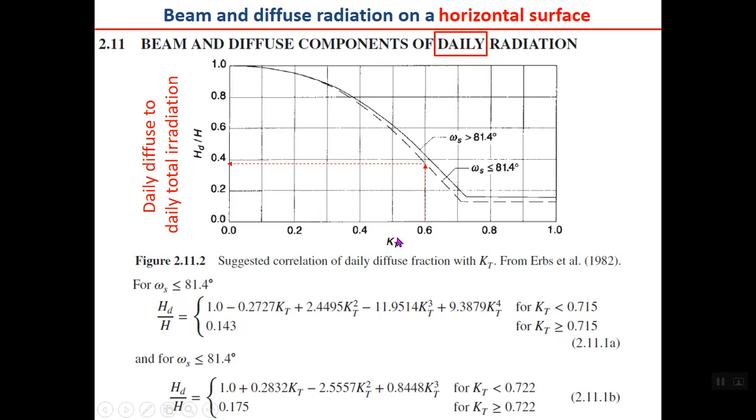Having the KT value, as an example, 0.6, you go up depending on the value of omega s, which is the sunset hour angle. You go to the left, and here you can find HD over H. Again, there are formulas to correlate this curve, and you may use either the curves or the equations shown here. These are taken from the textbook.